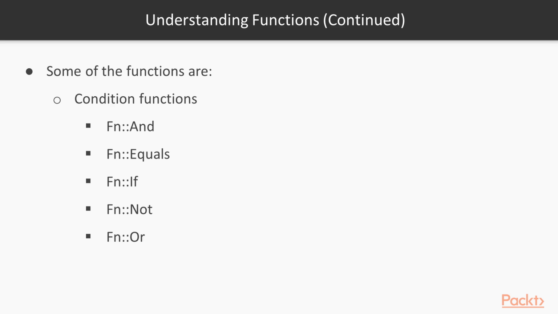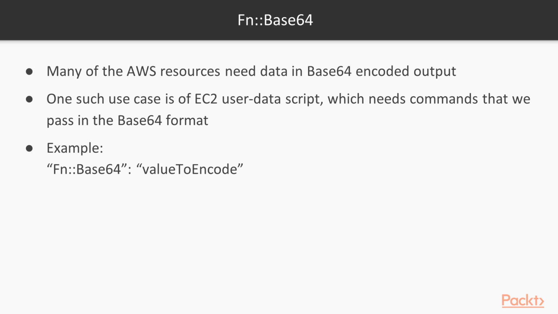So let's get started. The function of base 64, as the name suggests, encodes the data into the base 64 format. A lot of AWS resources, for example EC2 user data, require that whatever commands you type have to be in base 64 format.